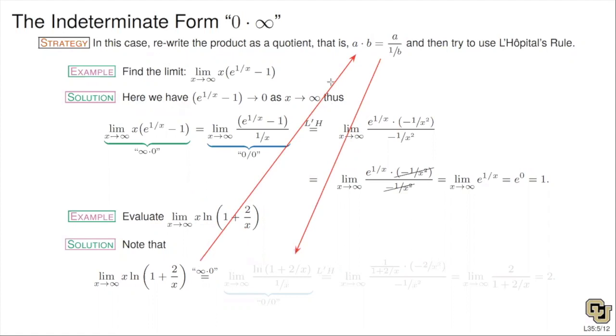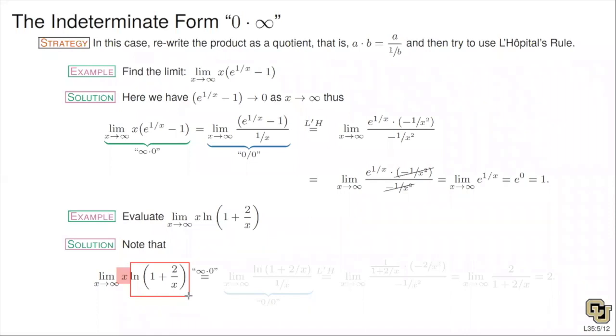So here's the thing. Typically, we're going to divide by the simpler function. Like, I could divide by x, or technically, I could divide by 1 over x, or technically speaking, I could divide by 1 over ln of 1 plus 2 over x.